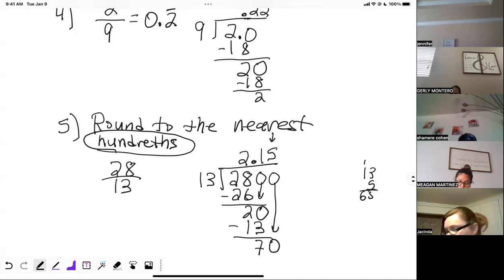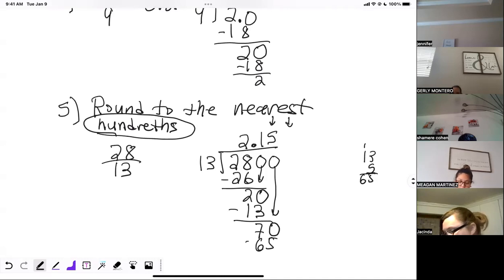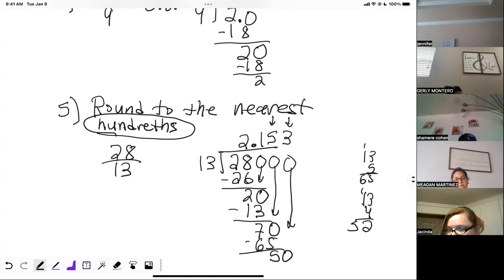So all I need is the next one to know if that 5 is going to be a 5 or a 6. All right, so that's 65. That's a 5. Bring down my 0. If 5 is 65, that means this one's probably going to be 4. Not even 4, it's going to be 3. I can stop. Once I know it's 3, I'm done. So if I round it to the nearest hundredths, it'd be 2.15.